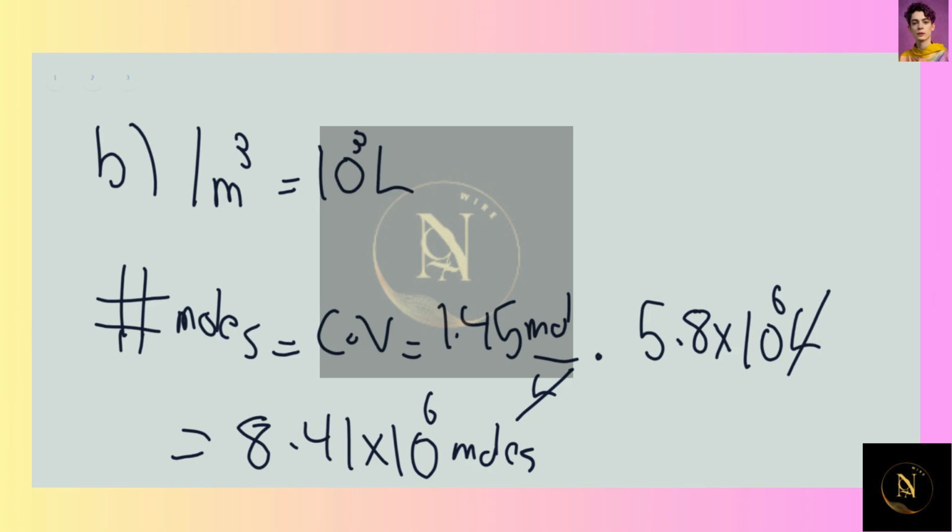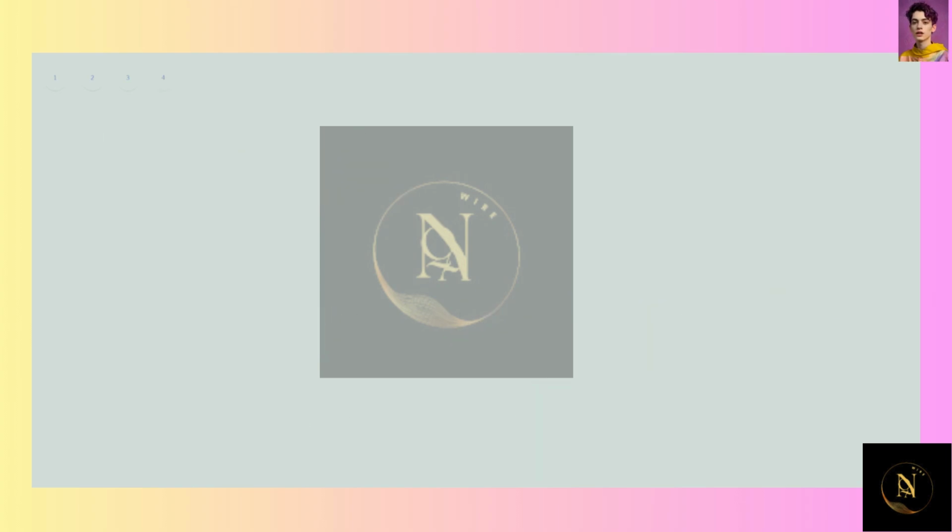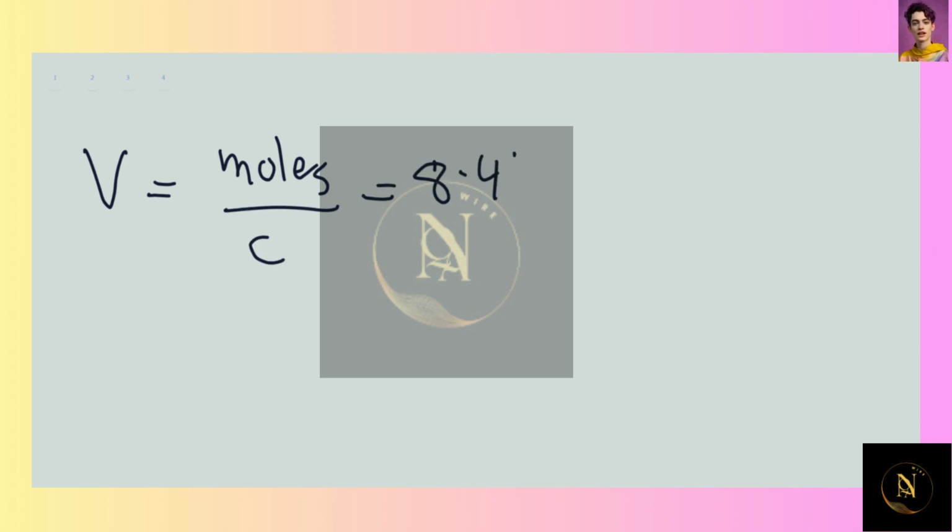All right. And this means, how much volume do I need from my old solution to contain such number of moles? So I'm going to use V equals moles over my concentration of my old solution, rearranging the equation. I've calculated the required number of moles to be 8.41 times 10 to the power of 6 moles.